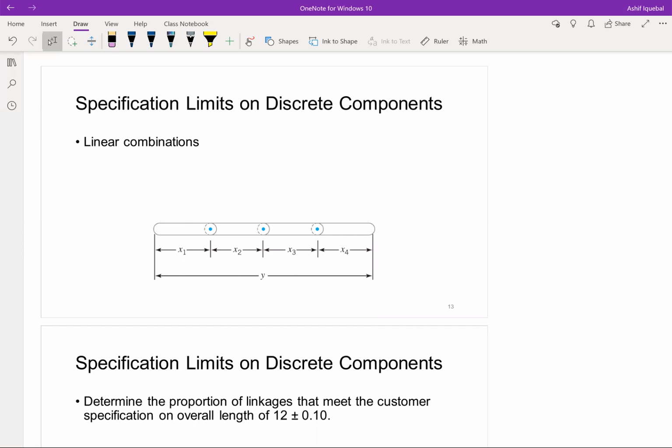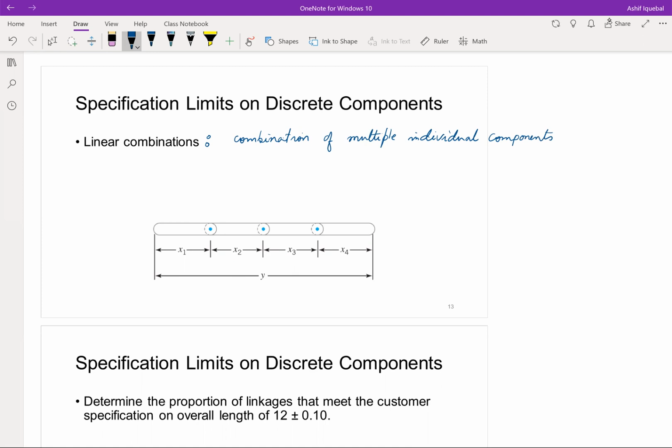So in many scenarios, what you have is just a combination of multiple individual components.